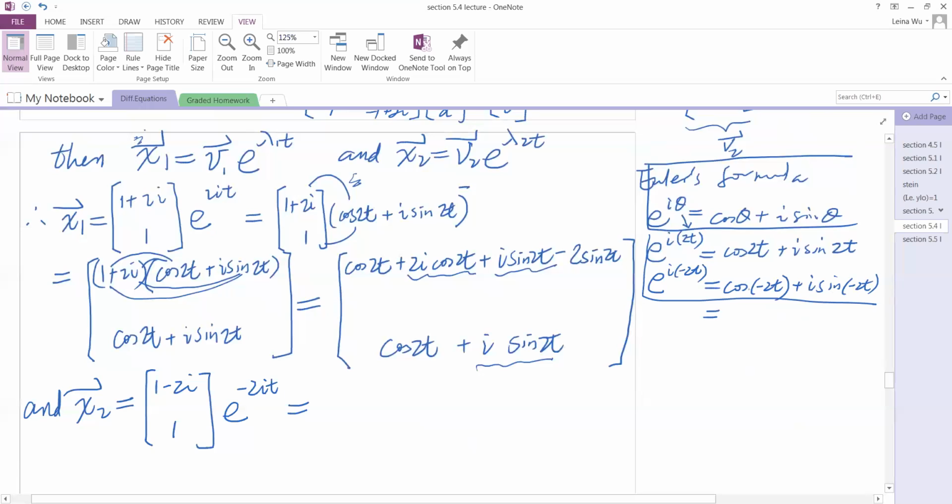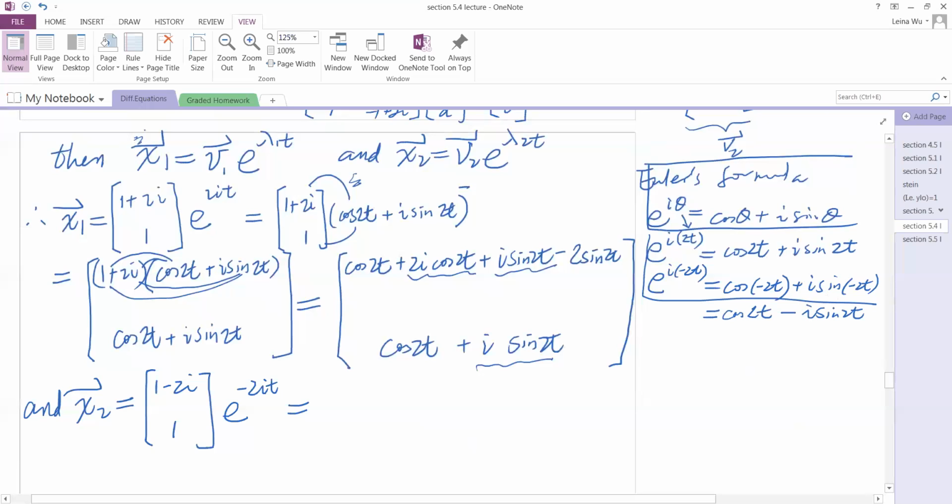All right, folks, I'm going to ask you, is cosine negative 2t the same as cosine 2t? Yep, because the cosine function is even. What about sine negative 2t compared to sine 2t? Negative sine 2t. Yep, because sine is an odd function. So minus i sine 2t.